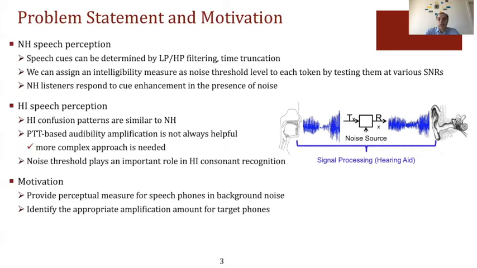Based on our previous experiments, we also observed that pure tone threshold based amplification is not always helpful. We need a more complex approach than just compensating for the audibility of the speech sound. Also, we observe that noise thresholds play an important role in hearing impaired consonant recognition.